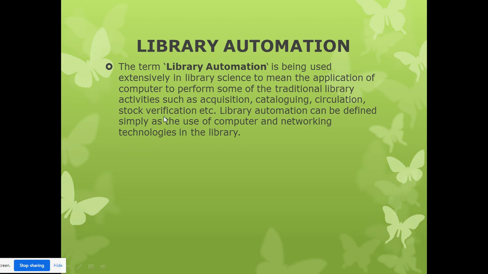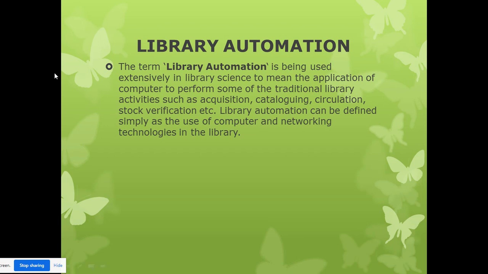All operations like acquisition, cataloging, circulation, stock verification, and other things used in libraries, if we do all these through any library software, then we say that this is library automation.